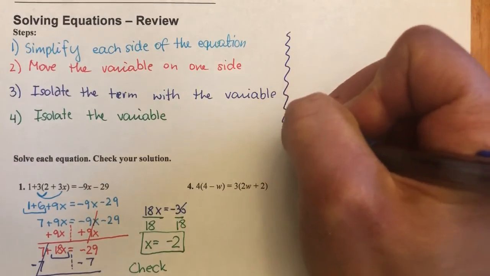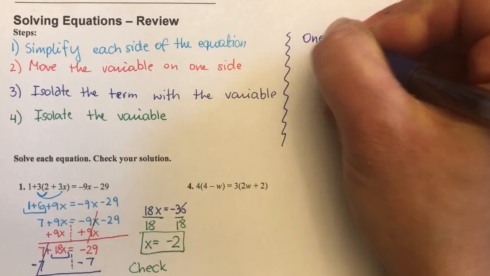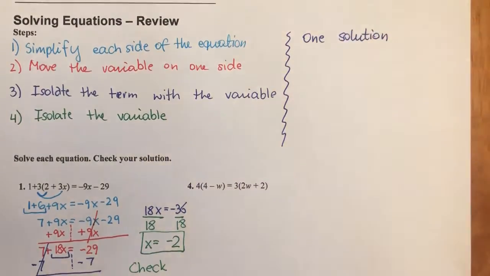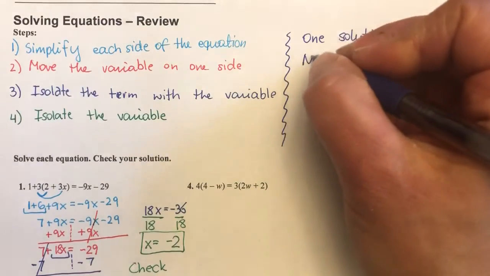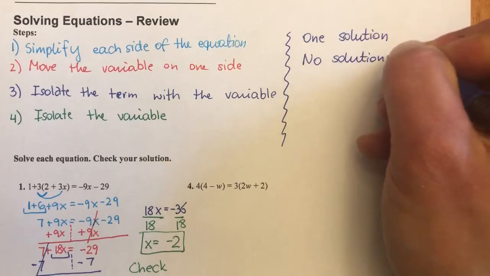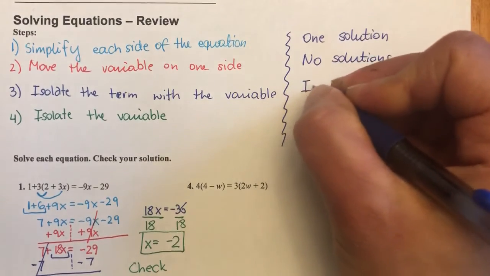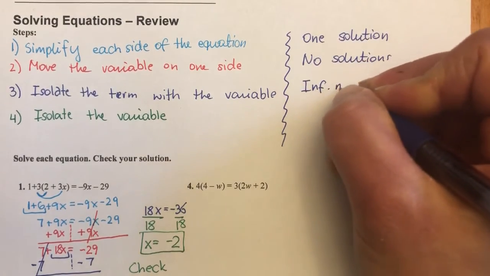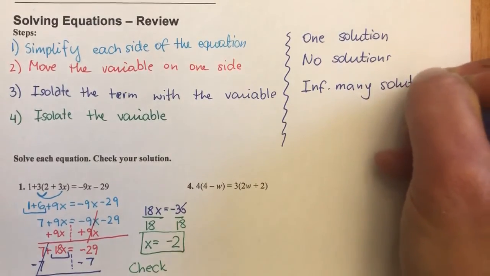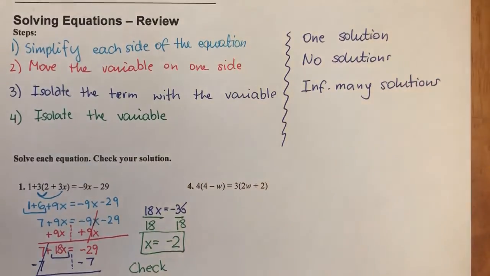We can have one solution, like in this example. We can have no solutions. And we can have infinitely many solutions. That means that any number would work for our equation.